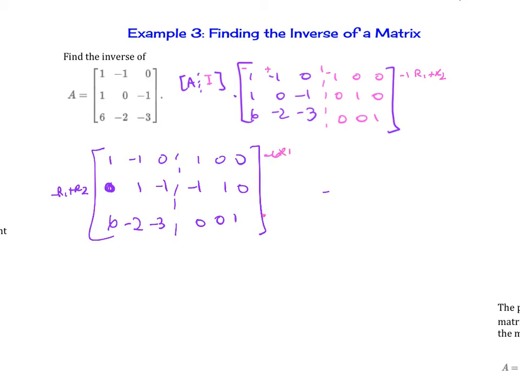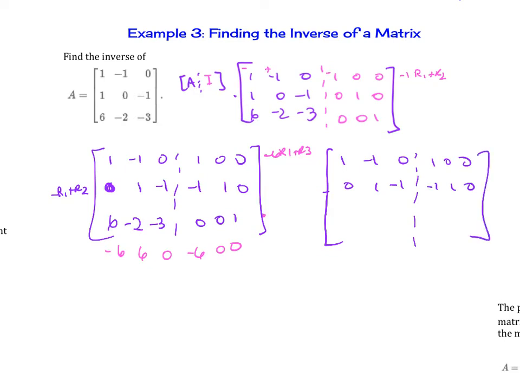So -6 row 1 plus row 3: -6, +6, 0, -6, 0, 0. And that'll get us a new row 3, which is 0, 4, -3, -6, 0, and 1.